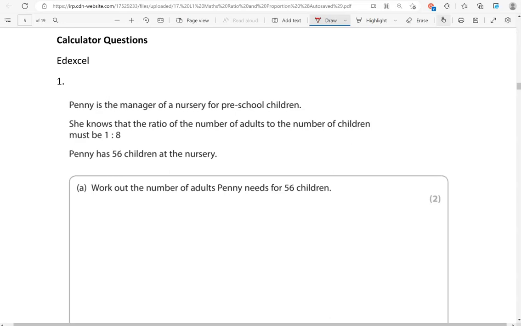So the ratio is 1 to 8. So 1 is for the number of adults and 8 is for the number of children. So she has 56 children at the nursery.